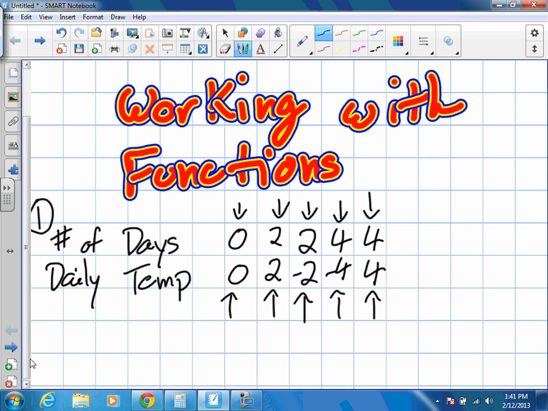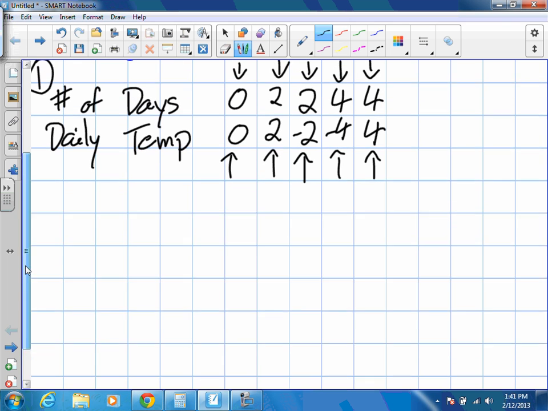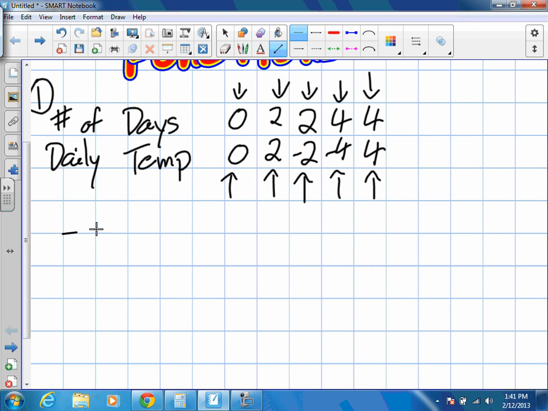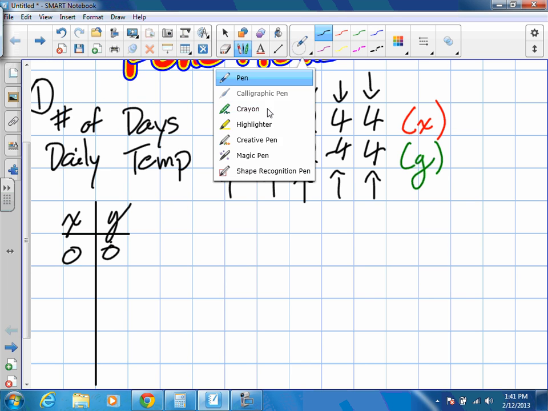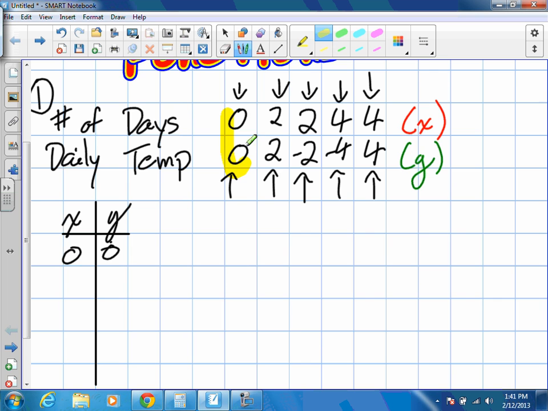Okay? So, first way we're going to represent them is in a table of values chart. We just have to determine which will be our x and which will be our y. And what we're going to do is call the number of days our x values, and the daily temperatures are y values. As we write this as a table of values, we have 0, 0 as a coordinate. 0 and 0 are our coordinates, and the reason they're a coordinate is because these two correspond to each other.